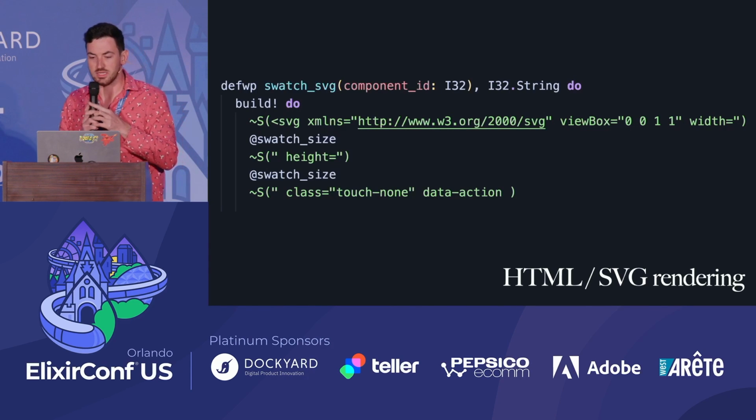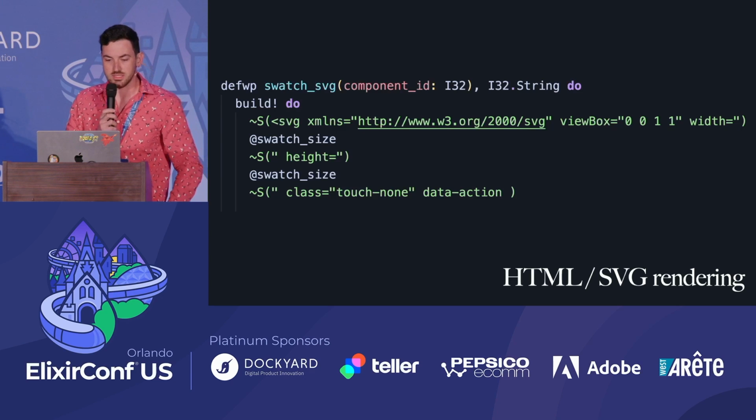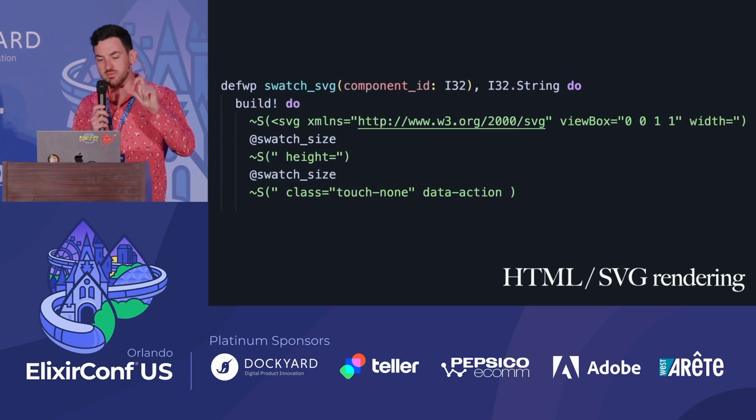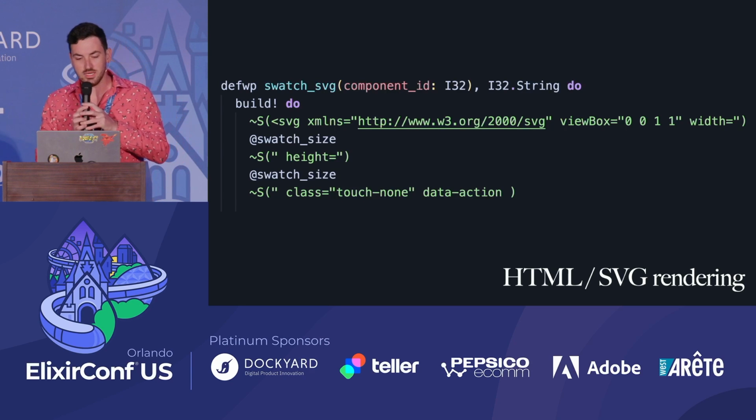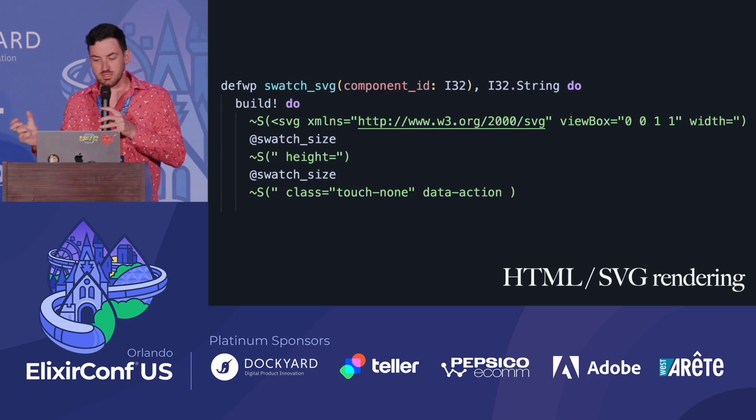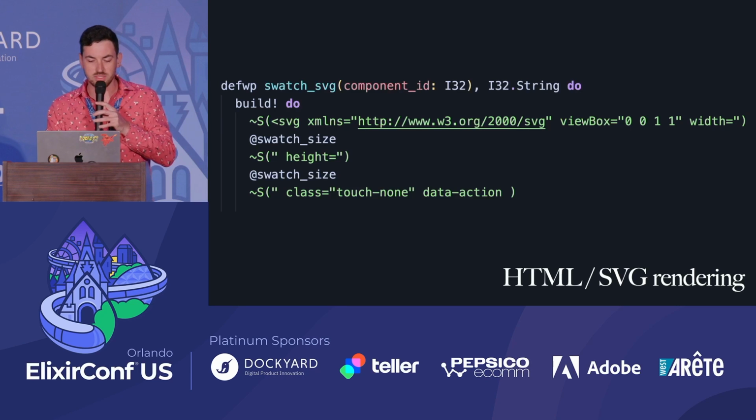So here's the code as it exists to create this SVG and HTML. You have this build macro, and then you have these strings, and you can see the swatch size is a float there, so that gets interpolated in, and it all gets squished into one string, and that's rendering.